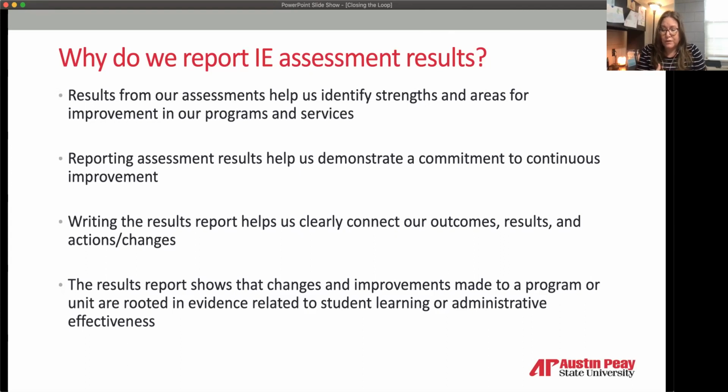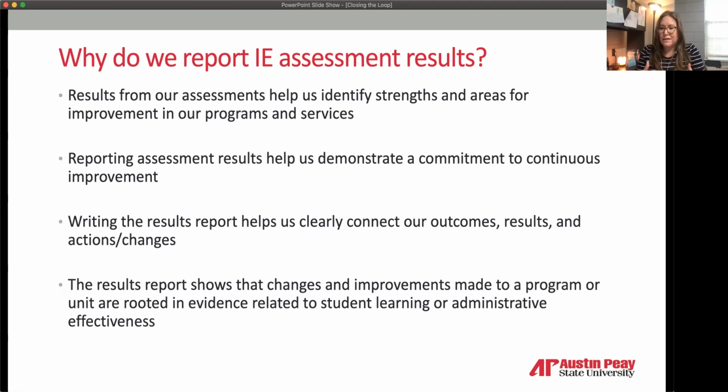We use our results to identify not only our strengths, those areas that we can maximize, but also areas where we may see improvement opportunities. It helps us demonstrate that commitment to continuous improvement, to SACSCOC, but also to our students and our constituents.